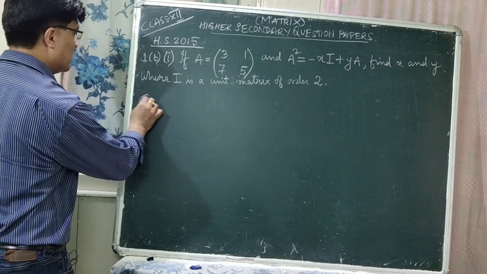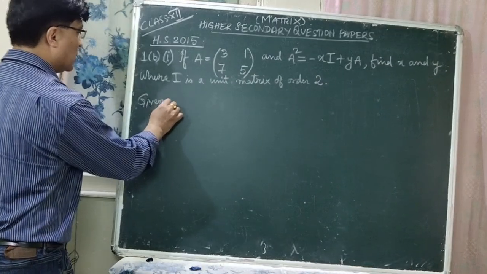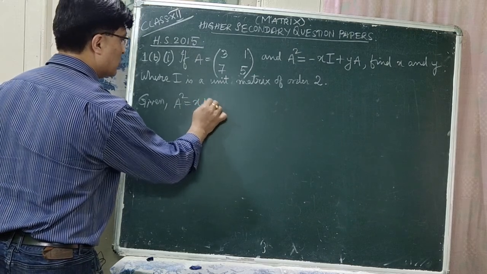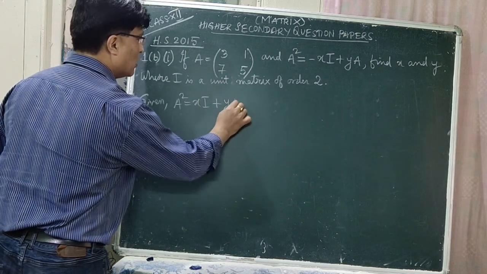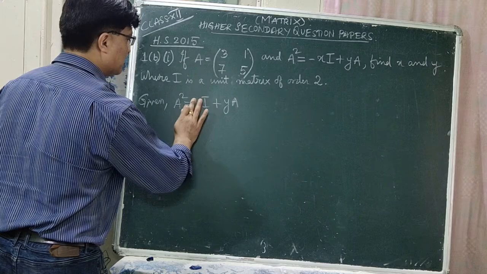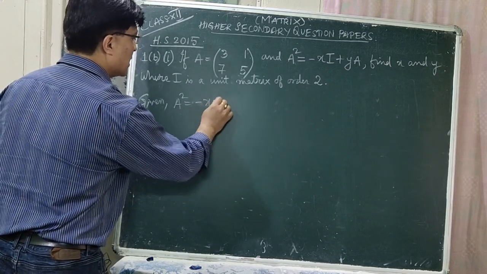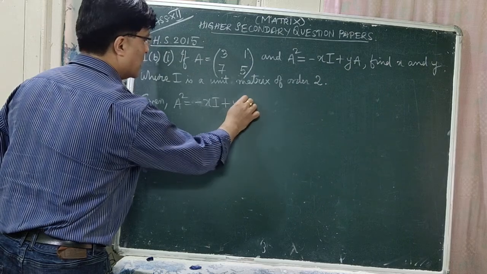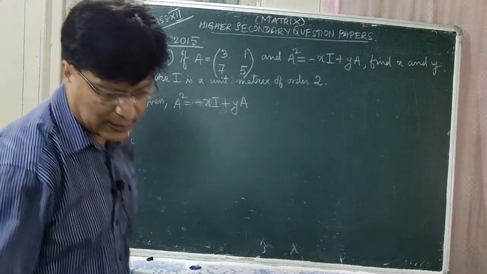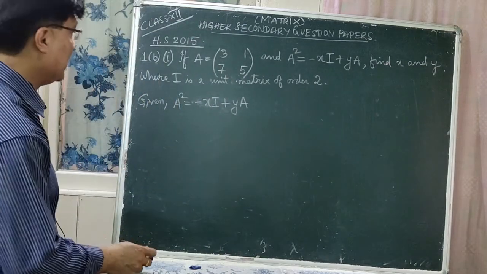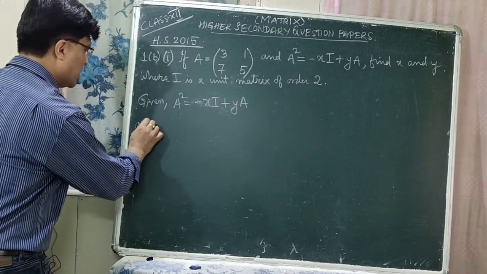So here the given matrix equation is A square is equal to minus xI plus yA. Okay, what is A square here?